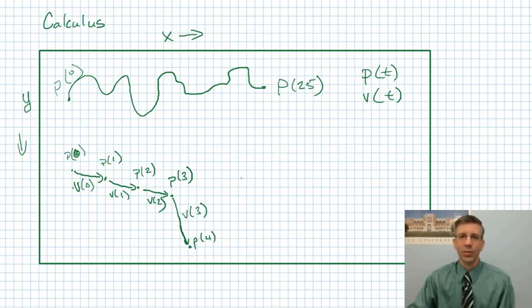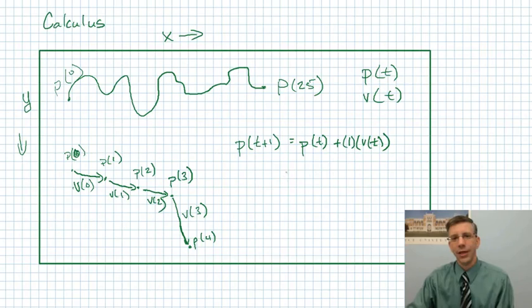So basically what we're saying is that your position at t plus 1 is equal to your position at time t plus 1, the amount of time that elapsed, times the velocity at time t. So if I want to calculate where my next position is going to be, I simply add in the velocity.